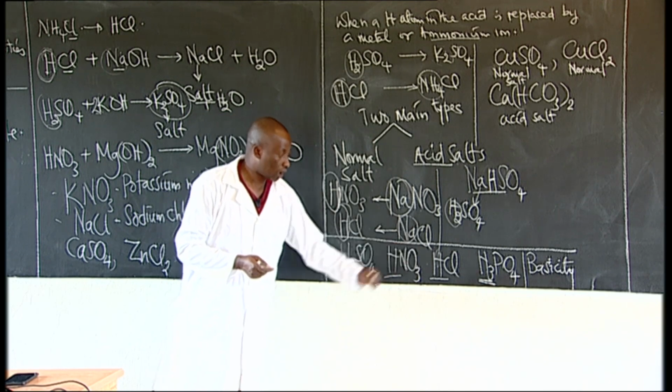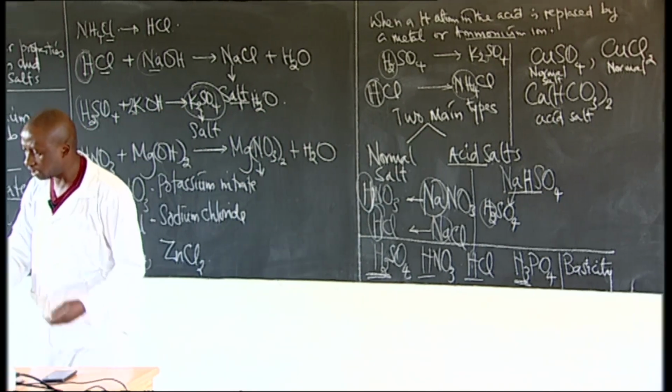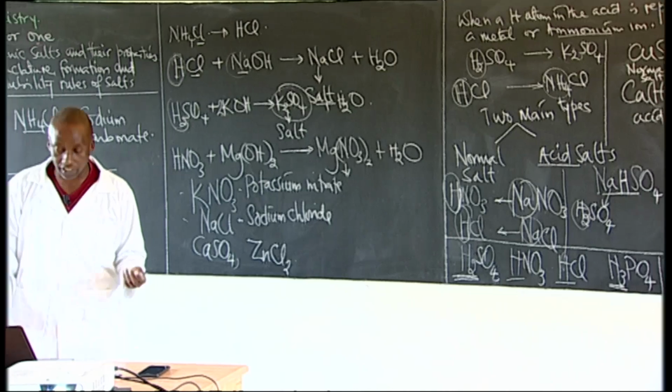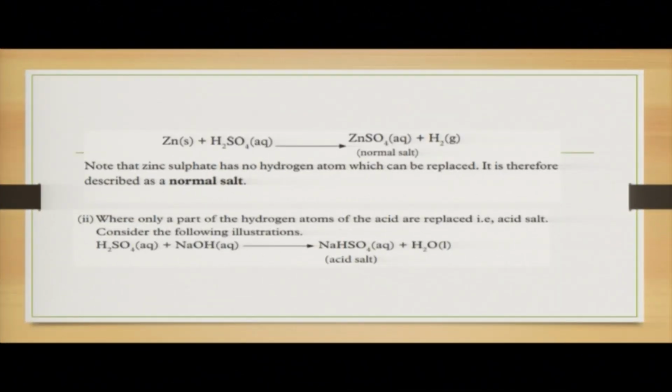This is how we describe the acids: monobasic, dibasic, tribasic, and polybasic, depending on the number of hydrogen atoms present in the acid.